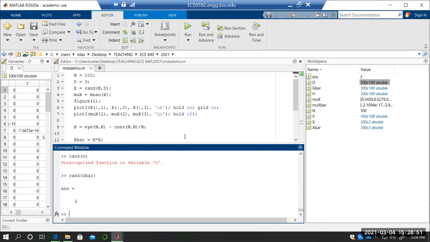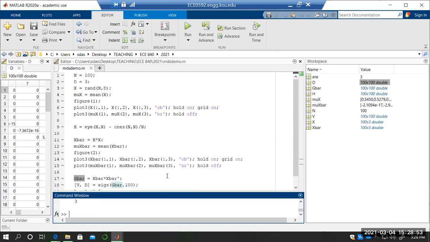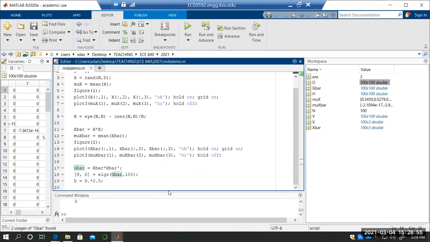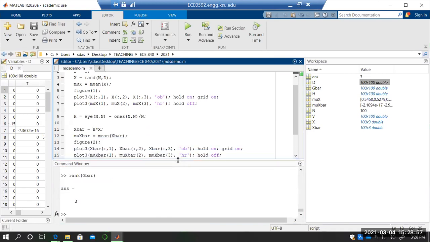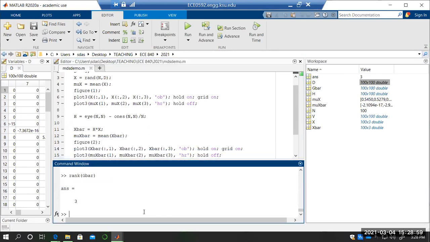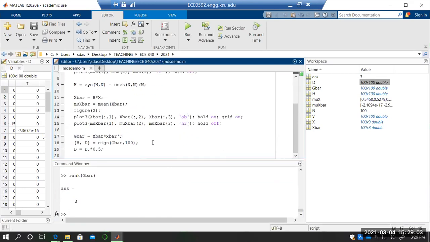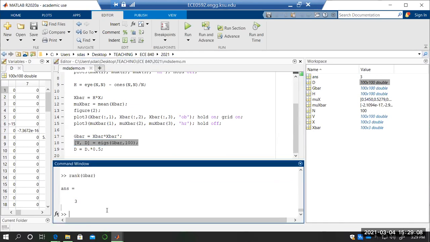Okay, now VDV transpose will be equal to G bar, right? Oh, I already did half of that. So let's say G2 equals V star D star D transpose.